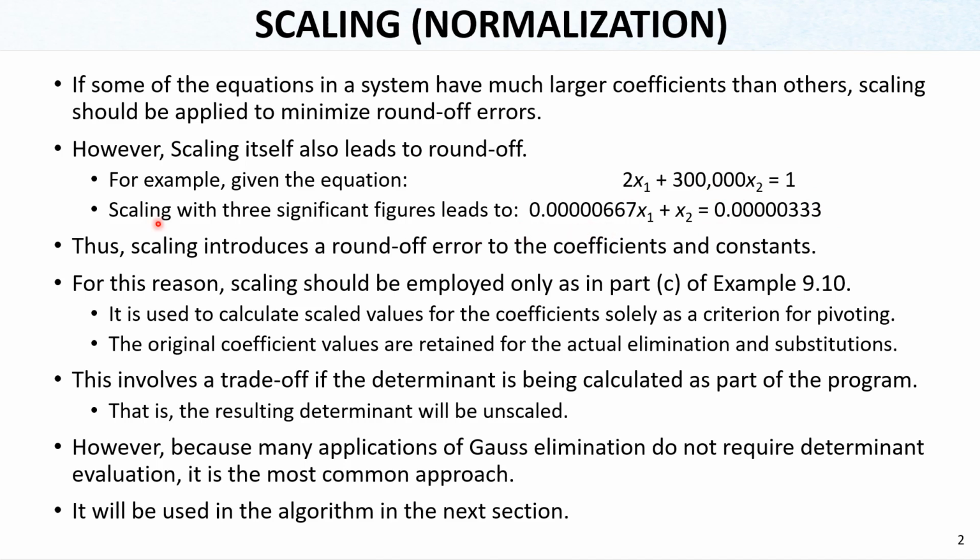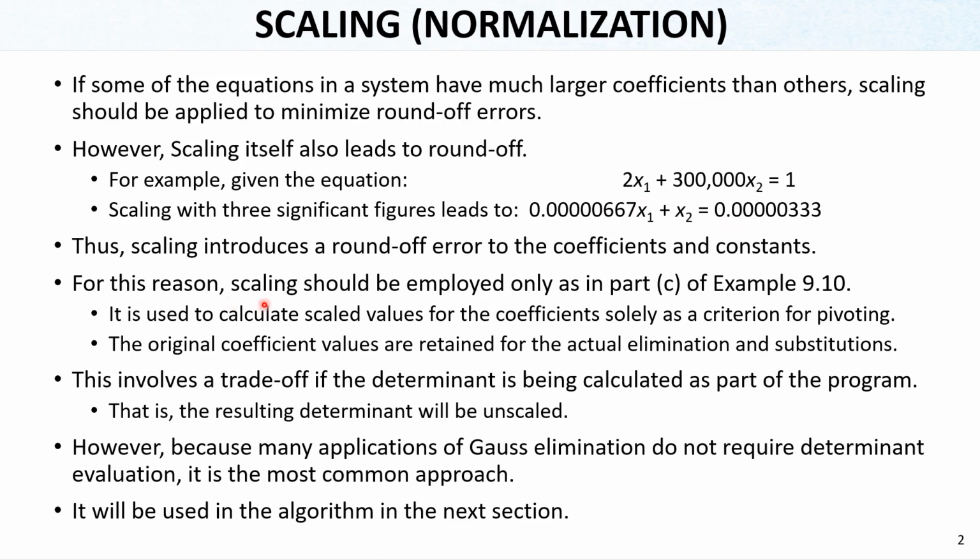And with three significant figures, you can see we have these values, but of course there will be further values here and here. Because we only used three significant figures, we actually lost some magnitudes of the values. So this will lead to some round-off errors. That's why the scaling introduces a round-off error to the coefficients and constants. The coefficients are here and the constants here.